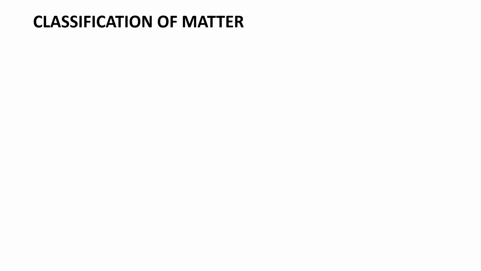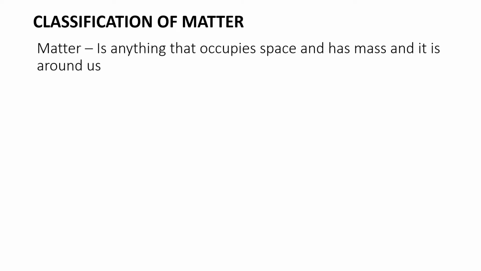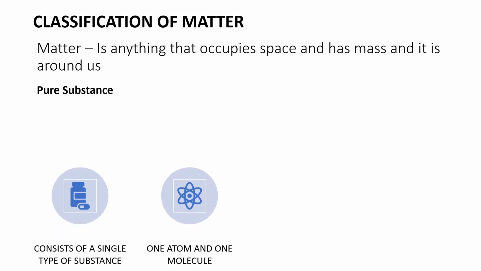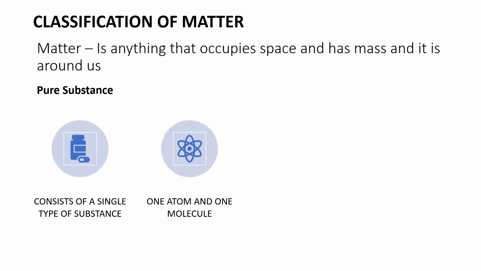First, may we discuss the meaning of matter. What is matter? Matter is anything that occupies space and has mass, and it is around us. In matter, we have a pure substance. A pure substance consists of a single type of substance, one atom or one molecule.